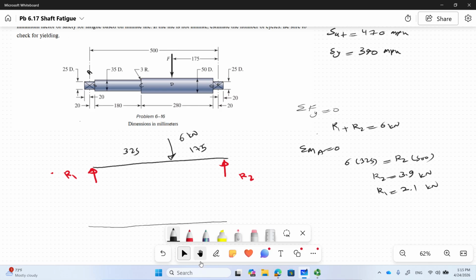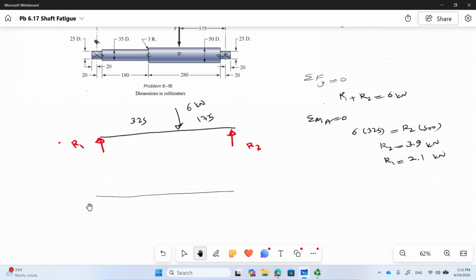If you plot the shear force, it's going to be 2.1, going to the right, and at that point it's going to go down, negative, and on the other side you're going to have 3.9.